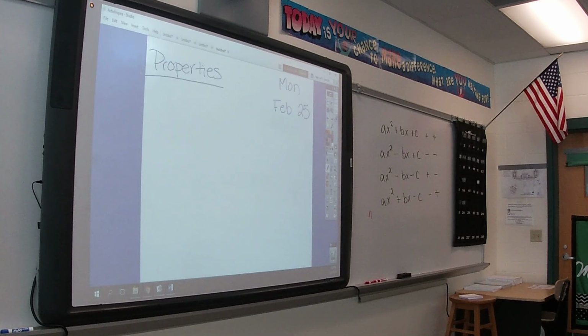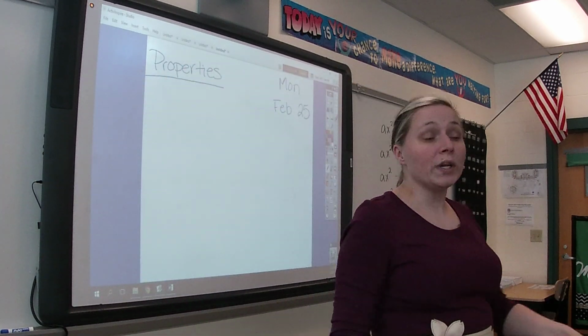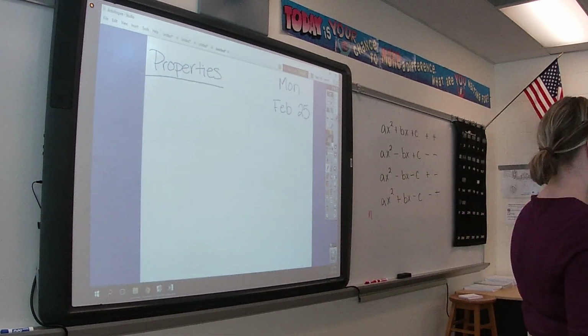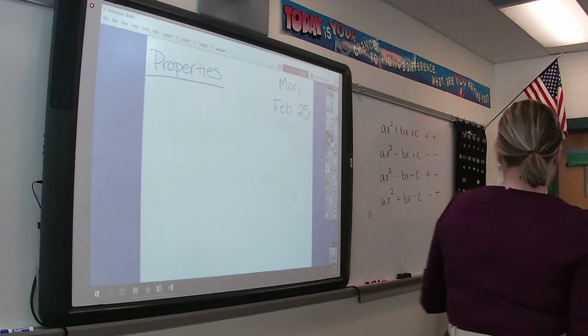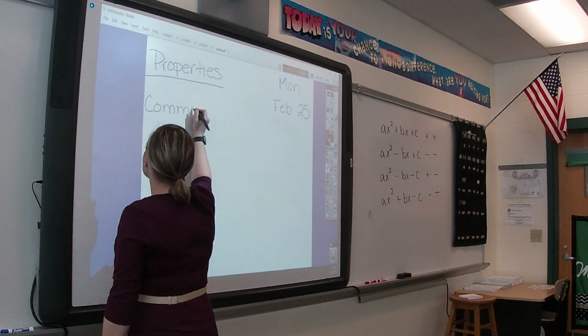So we're looking at properties today, and while there are a ton of them, we're going to look at the three most important ones. Okay, the first one being the commutative property.